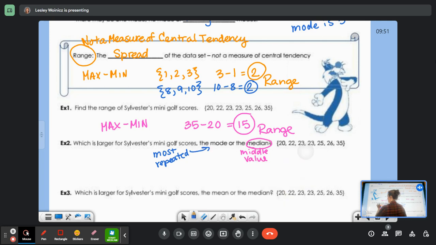So let's find the mode. Which one is most repeated? I see a mode of 23. I see two 23s. So the mode is 23.